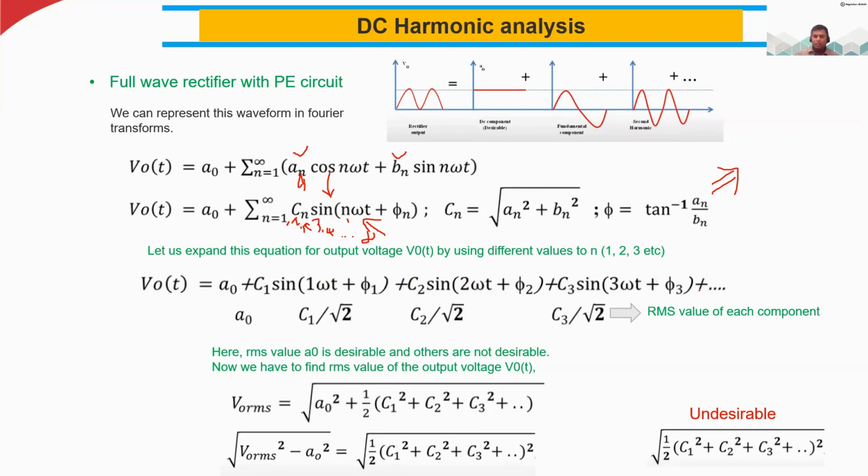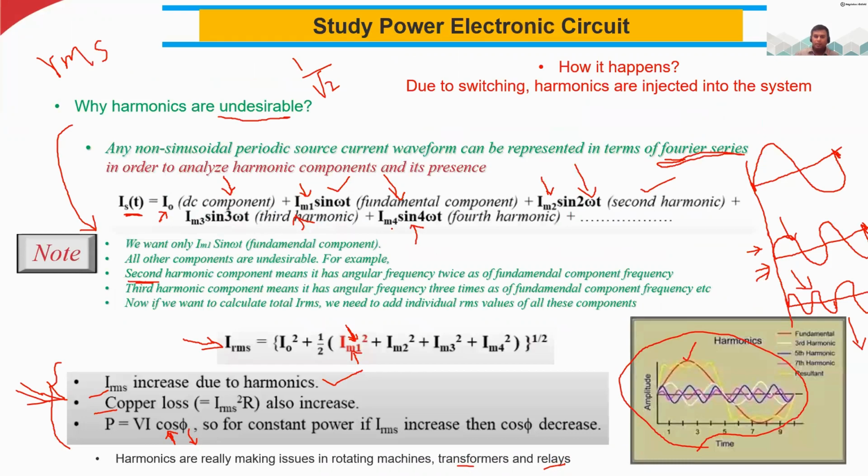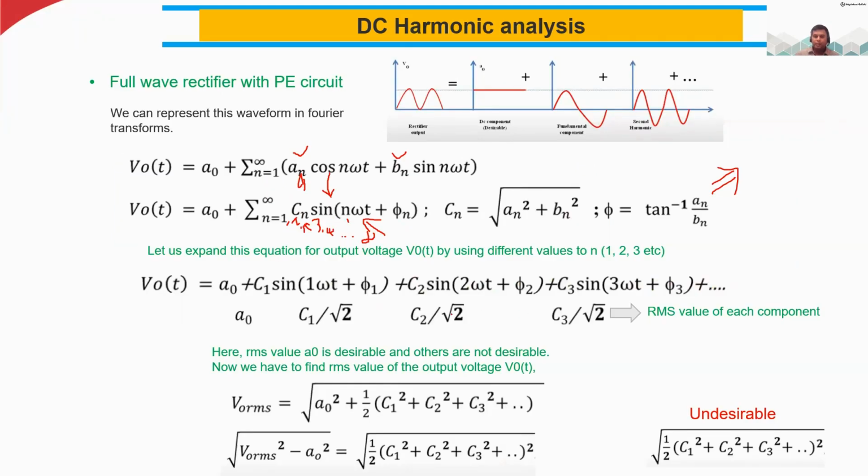As I already told you, here we have a constant. This is the RMS value. Now we have to find the RMS value of each component. We know that there is a DC component, a fundamental component, and higher order harmonic components.